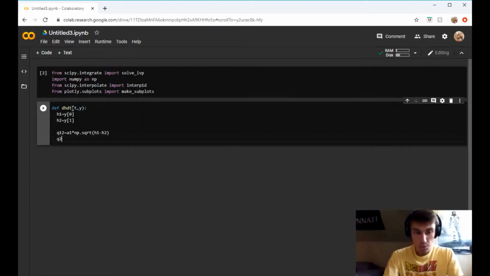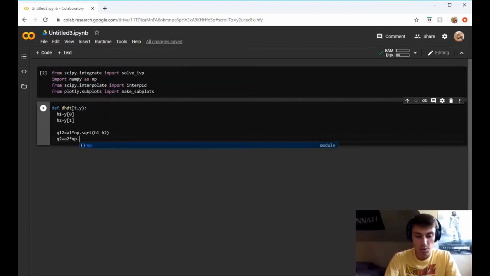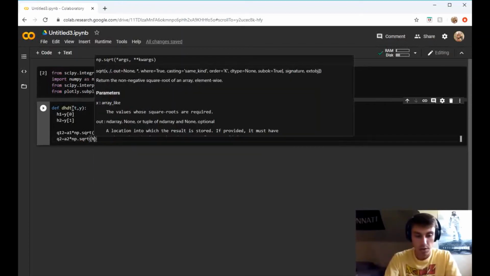Now the Q2 flow rate is equal to A2, for alpha 2, times the square root of H2.